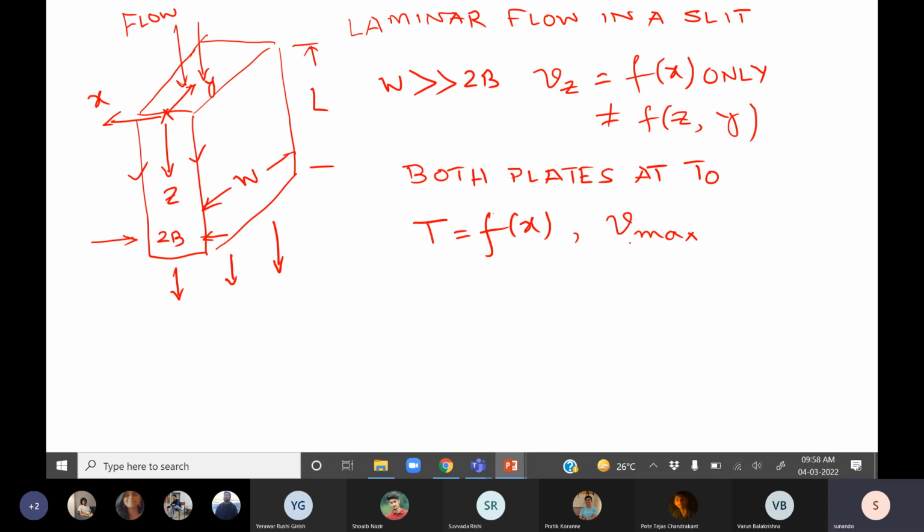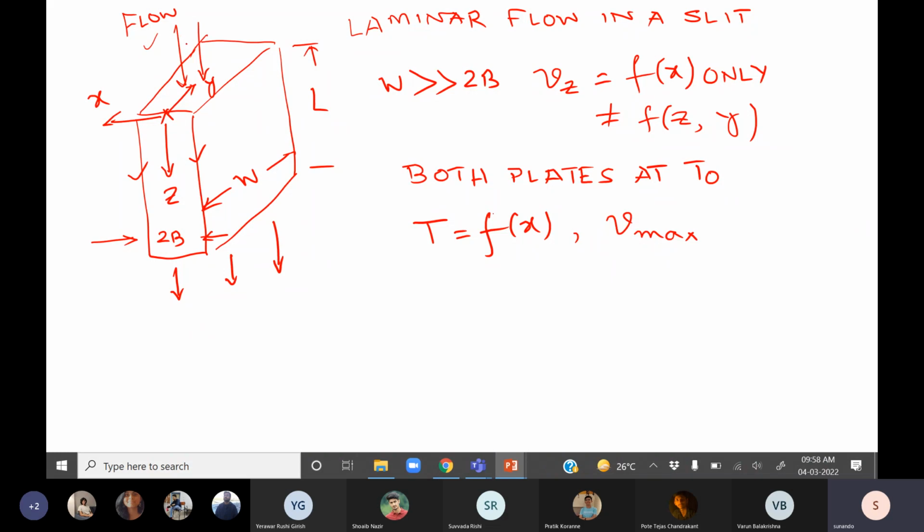Now you could very well see that at first impression, since both the plates are at the same temperature, the fluid is also going to have the same temperature, and the maximum temperature is going to be the temperature of either one of these two. You could also assume that the temperature of the incoming fluid and the temperatures of the two plates are the same.